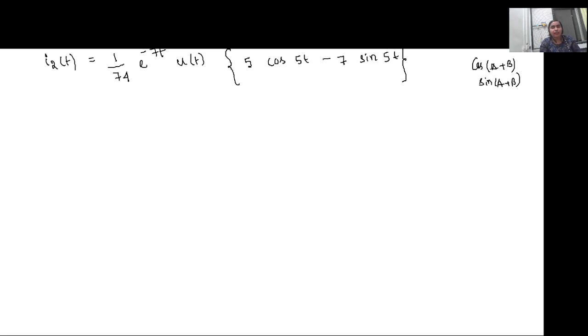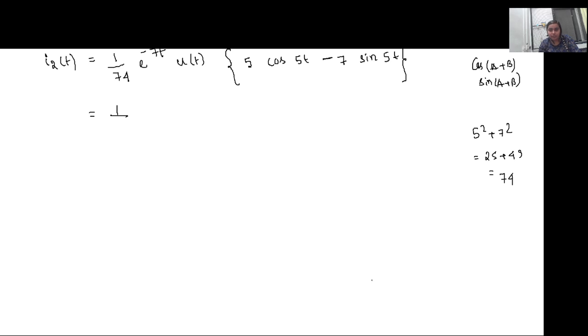So let's calculate. How do you convert the expression like that? What you can do is multiply with a normalizing constant. For example, 5 square plus 7 square is equal to 25 plus 49, which is 74, right? So we take the magnitude.